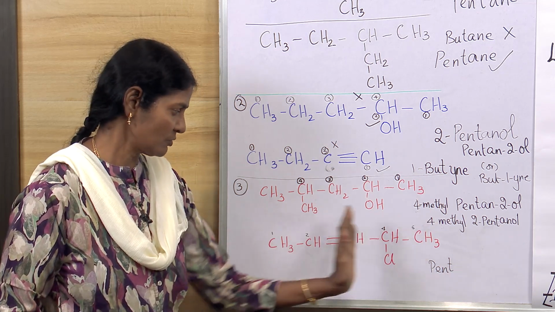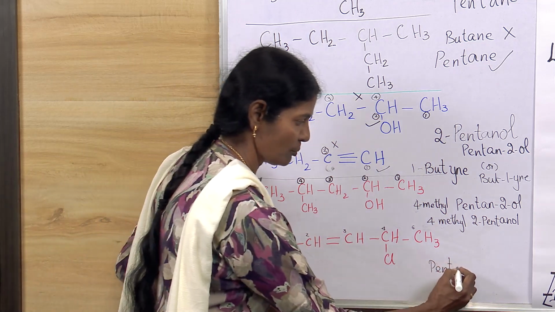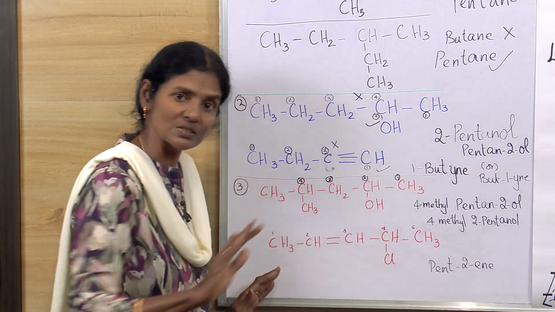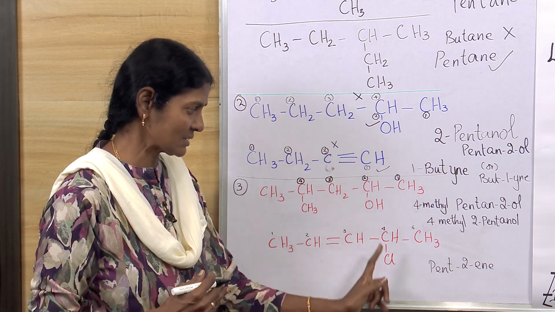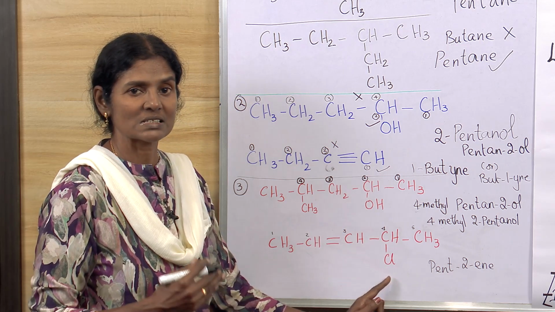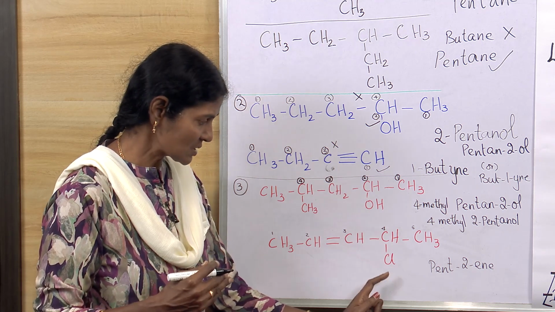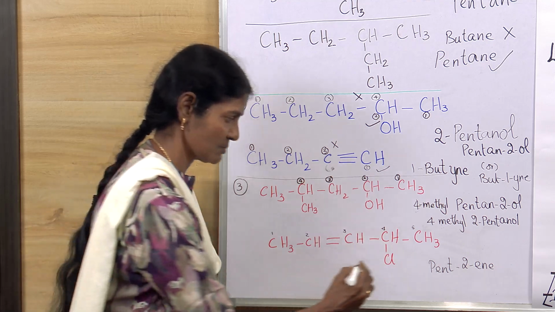Okay. So where is this double bond? In the 2nd position. Therefore, pent-2-ene. Suffix is over. Now we go to the prefix. What is the prefix here? Chloro. Cl we'll write it as chloro. And which position is it? It is attached to the fourth carbon atom.